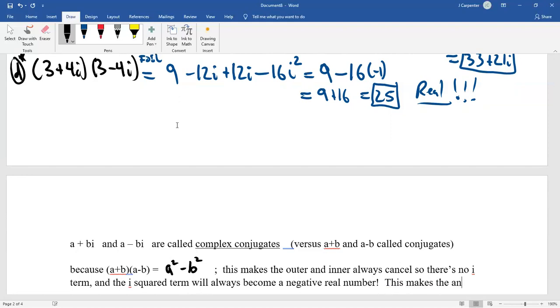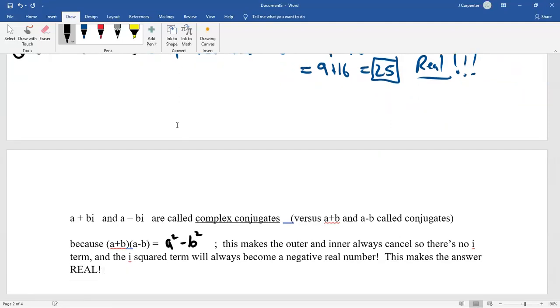This makes the answer real. So that's the logic and reasoning behind this. Because we're multiplying conjugates, the outer and the inner will drop out because they're like terms. The outer and the inner would have held the regular i term. The last term is going to end up having an i squared, and i squareds become real numbers as well. So this will always give us a real number.